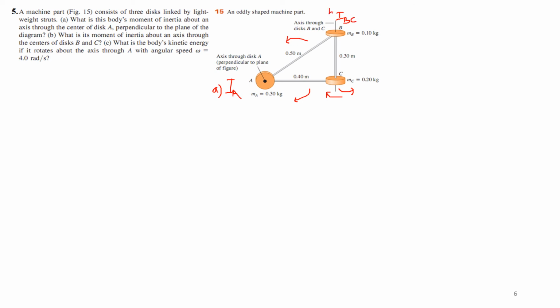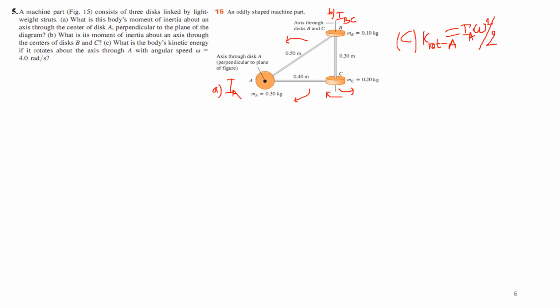This is sub-question B. Then in sub-question C, we are asked to determine the body's kinetic energy if it rotates about an axis through A. Means the kinetic energy of rotation by considering the axis of rotation through A. This would be the moment of inertia about A times the square of angular velocity, then divided by 2.